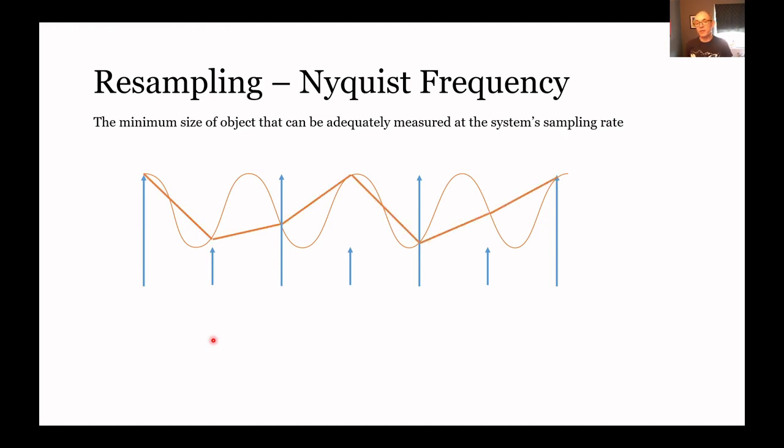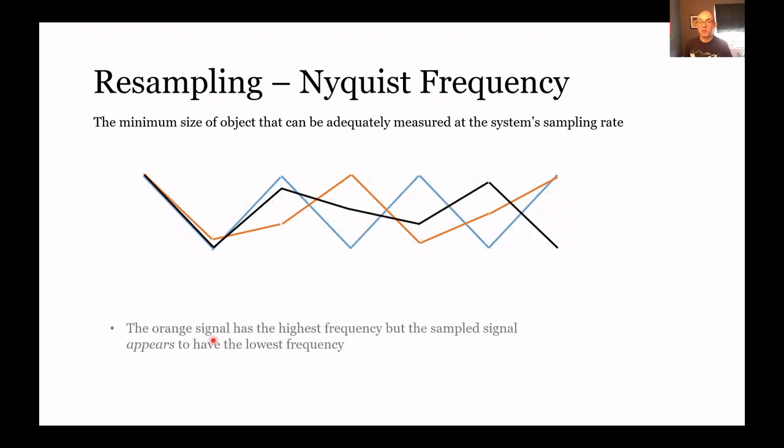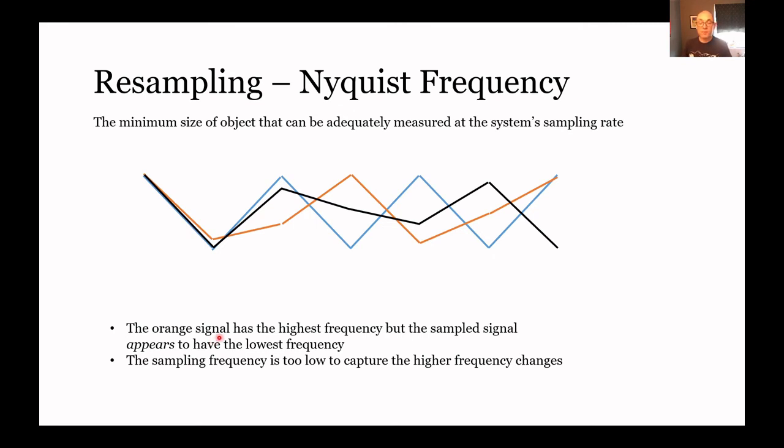And when we try to recreate this signal, we end up with something that looks like a lower frequency signal. So we've missed it. There are peaks and troughs that we have missed because we haven't been able to sample with a high enough frequency in order to adequately model that signal. So this is why we don't have the information in our original data in order to adequately, in all cases, sample to a higher spatial resolution.